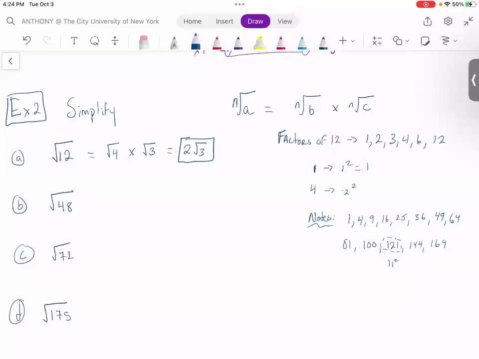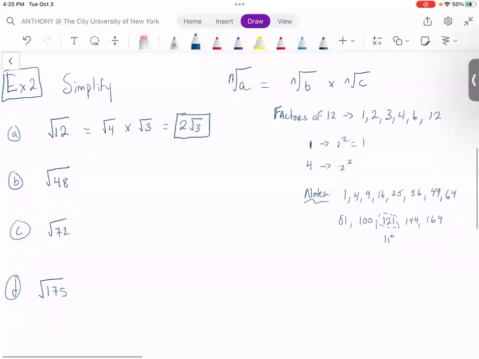Let's look at 48, trying to simplify the square root of 48. Think about all the factors of 48. We can list them. What are some factors of 48? Well, 1, 2, 4 works. 8. 8 times what gives us 48? 6.